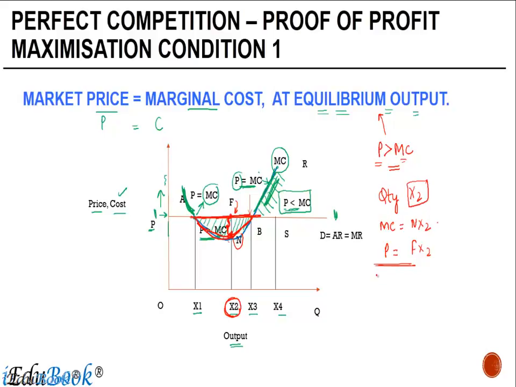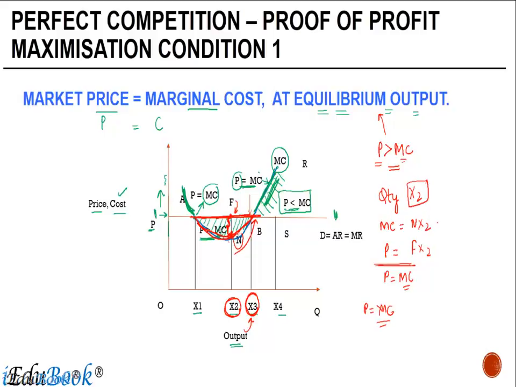Until what time? Until the time when the price is equal to the marginal cost. If I just follow this particular trail over here, when does the price become equal to the marginal cost? It becomes equal at this point, which is nothing but the output of X3. So the producer will keep on producing until he reaches the output level at X3, because that is where the price becomes equal to the marginal cost.